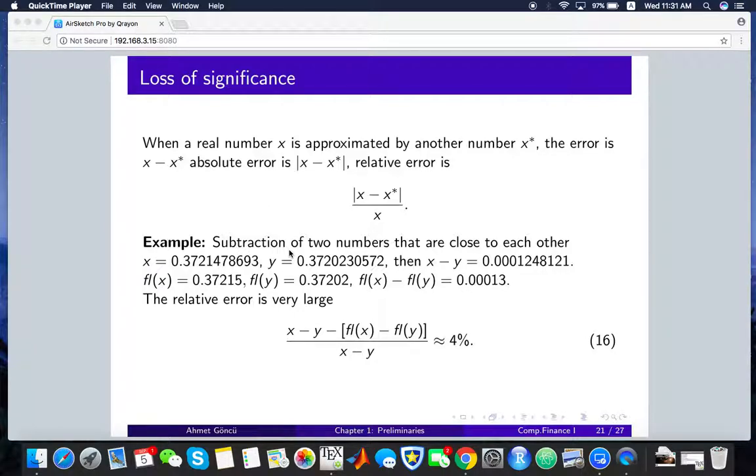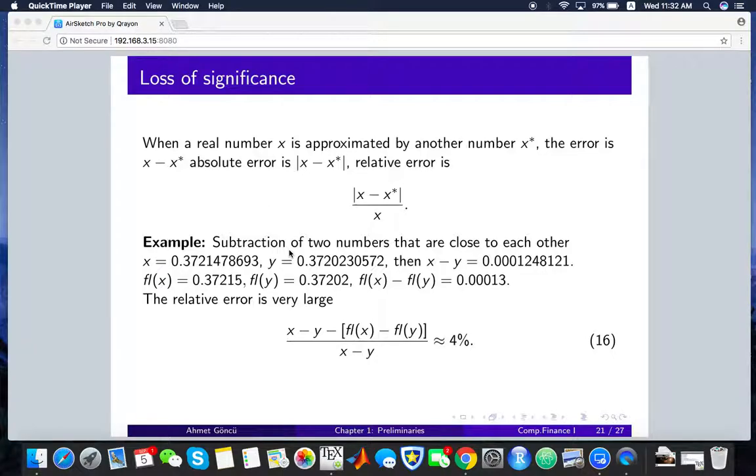Now consider the subtraction of two numbers that are close to each other, for example, these two real numbers. Since they are very close to each other, x minus y is close to 0.